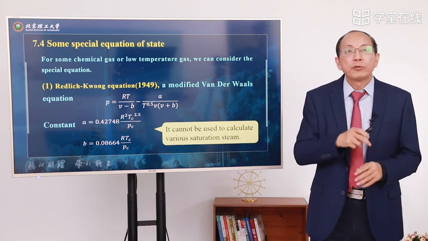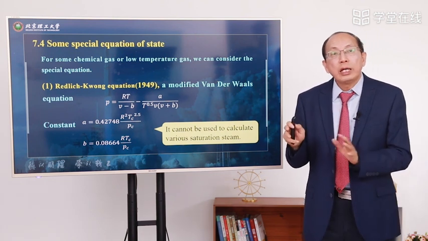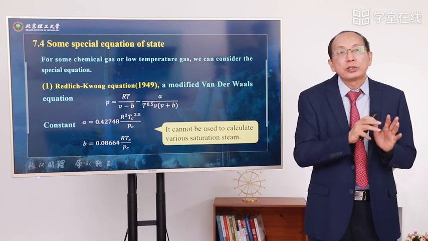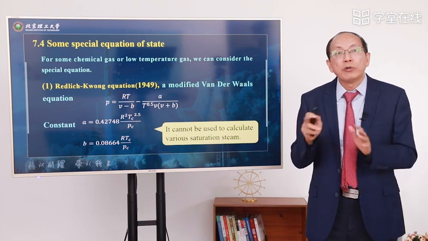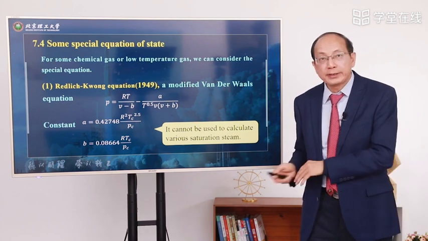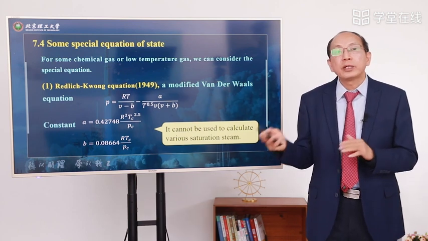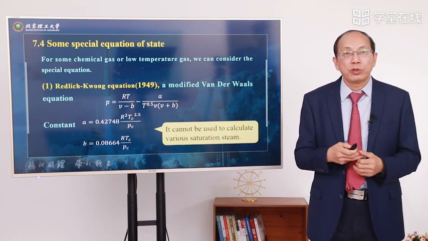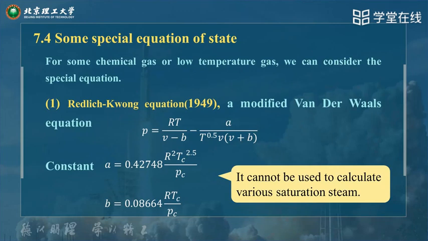So from the industrial field, we have obtained some special equations of state for real gas. Different real gases may have different special equations of state. For some chemical gas or low temperature gas, we can consider the special equations as follows.